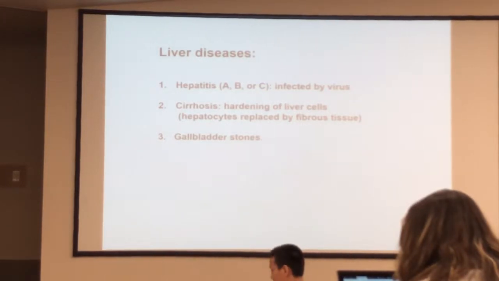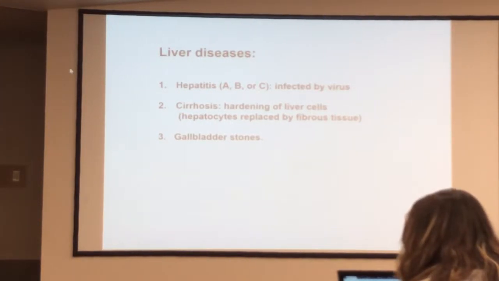Now, I added this slide to tell you about diseases of the liver, not only stones. We also have hepatitis, in fact caused by virus. Cirrhosis is hardening of the liver cells, usually from alcohol drinking.